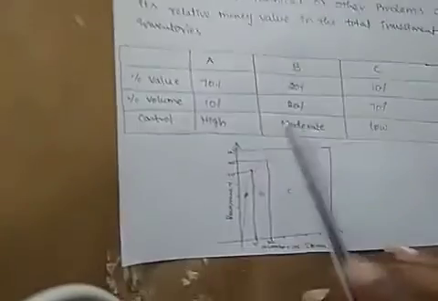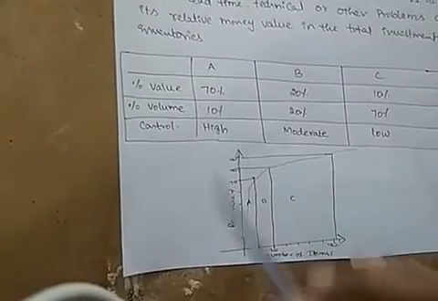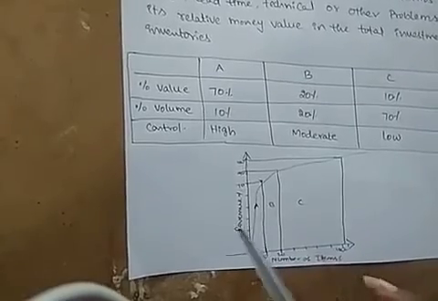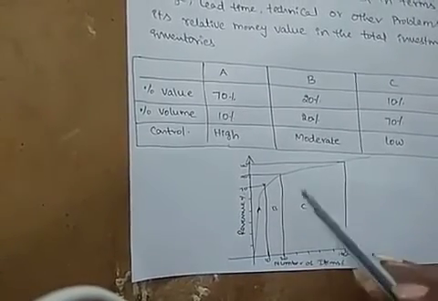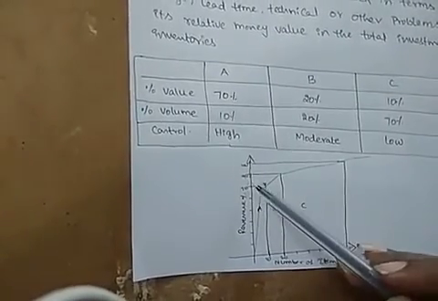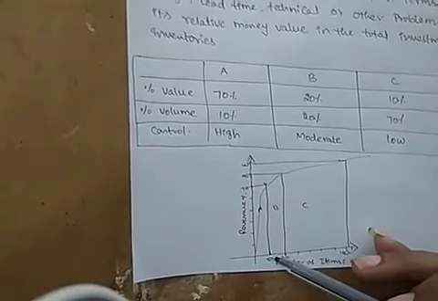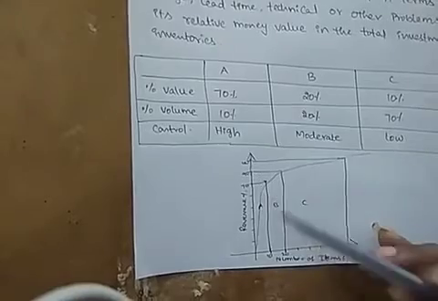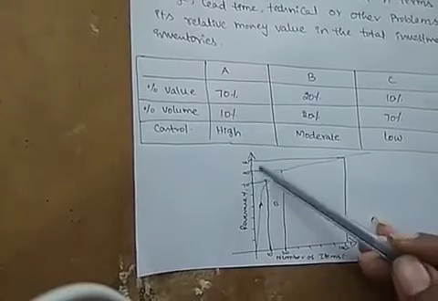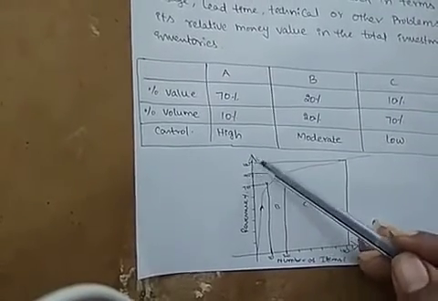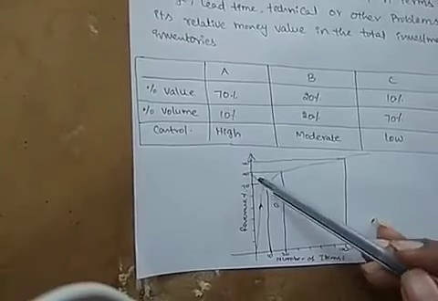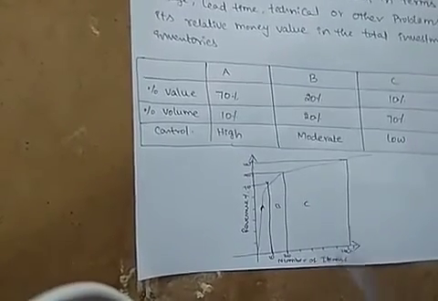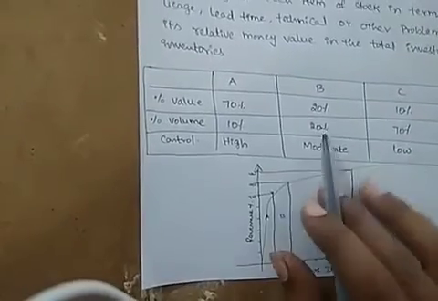Then we can also represent this in graphical form. Here in the A category, we take revenue and items, or cost, whatever it may be. Here 70% of the cost gives only 10% of the quantity of items. Then the B category is 20% and 20%, and the remaining last category, the C category, invests only 10% of the funds and receives 70% of the materials.